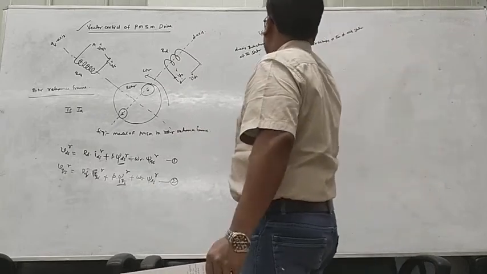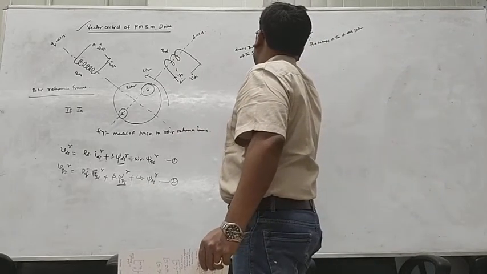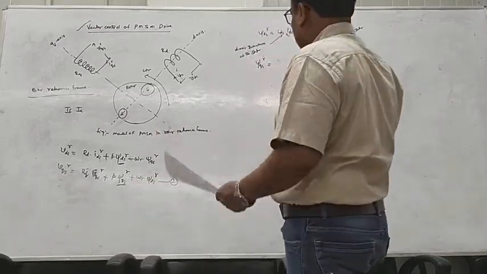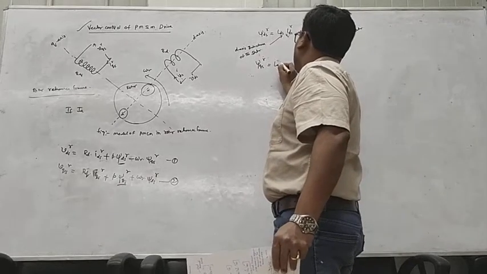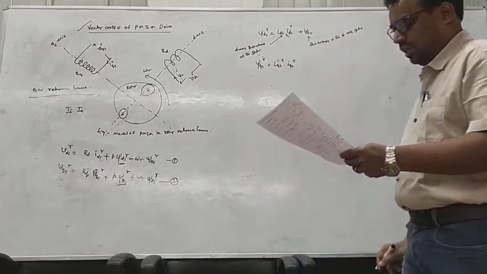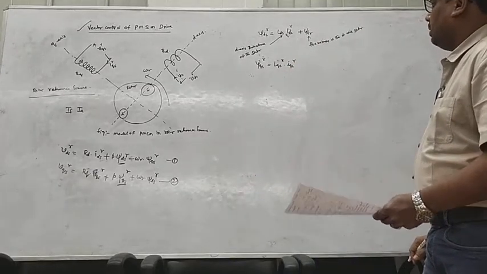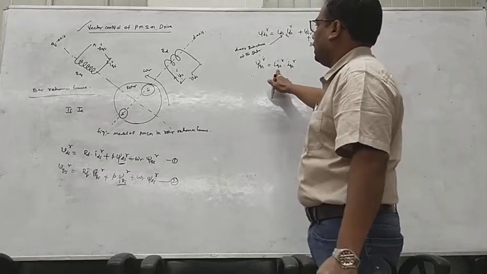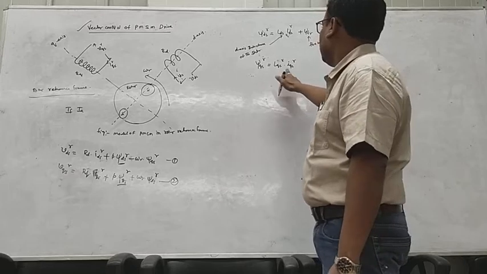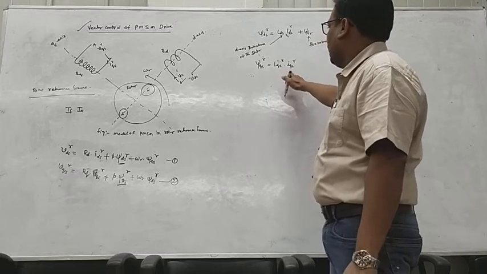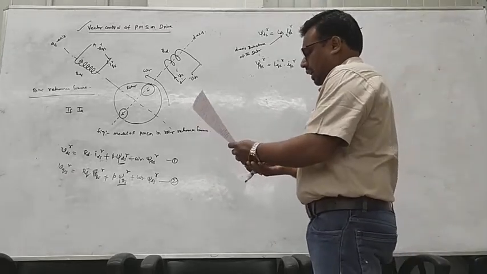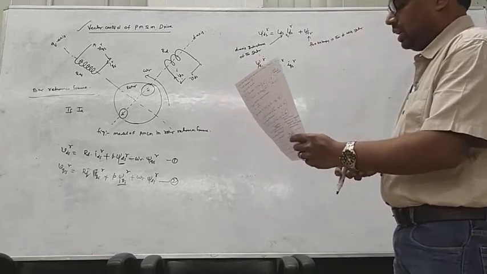Now similarly, if you write the expression for psi QS^R, it is equal to LQS^R into IQS^R. LQS^R is the Q axis inductance of the stator winding, and this is the current in the Q axis winding. As I already explained, in the direct axis we have a magnet, and in the quadrature axis there is no magnet.